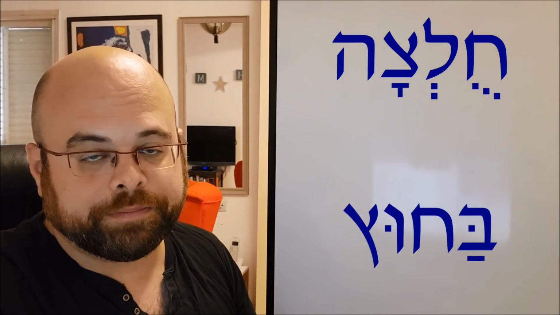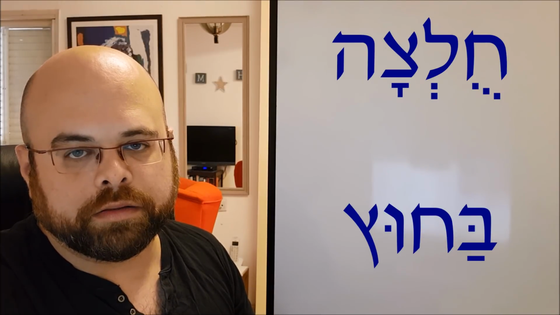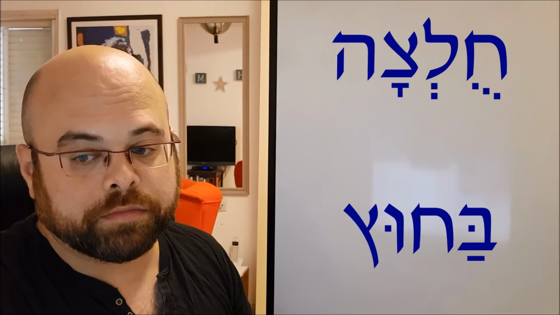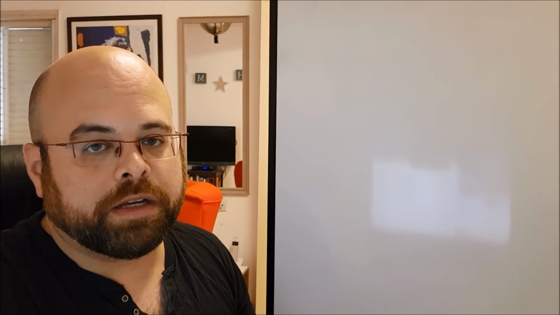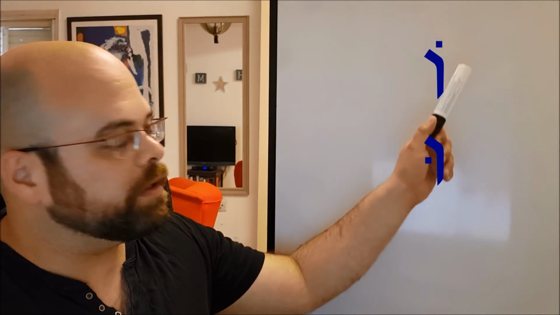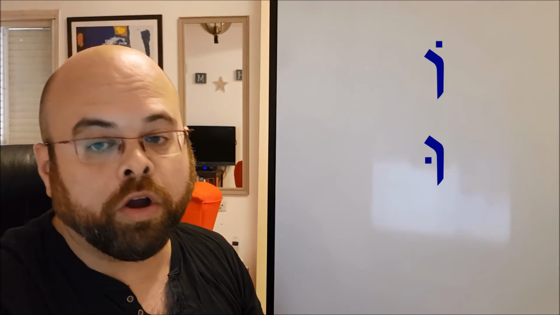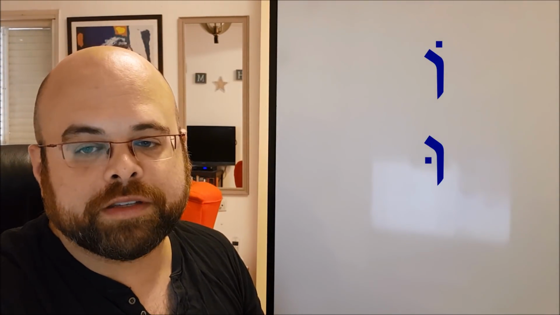The Tzadi Sofit with the sound tz, bachutz. Okay? So I just want to remind you not to confuse between the vav with the dot above it, which is o, and the vav with the dot in the middle, which is u.